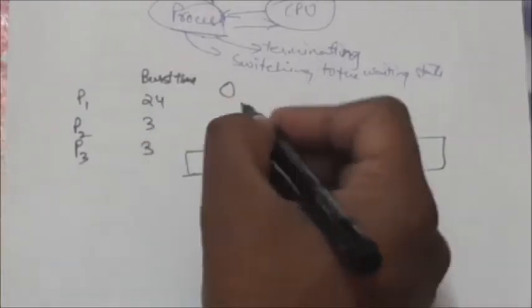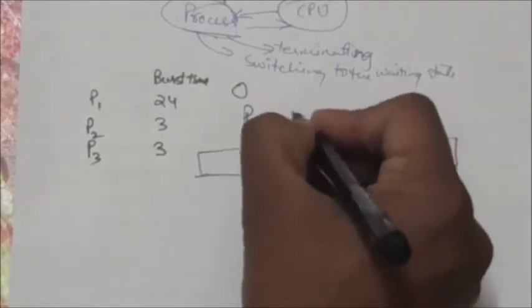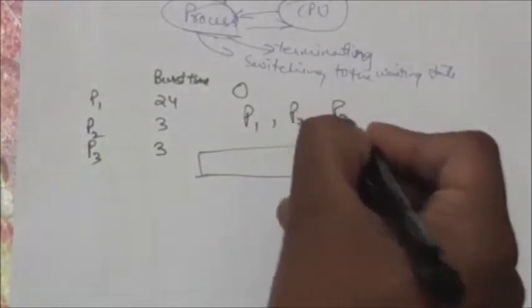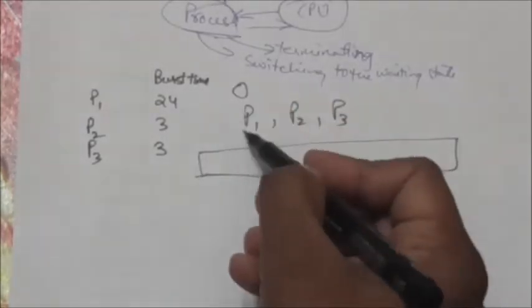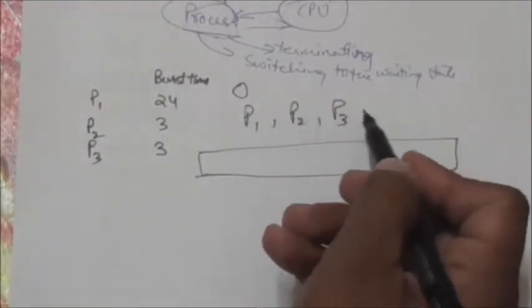Suppose they have arrived in this order: first P1, then P2, then P3. So they all have arrived at time 0, but in the order P1, P2 and P3.